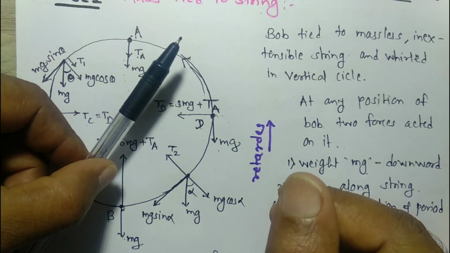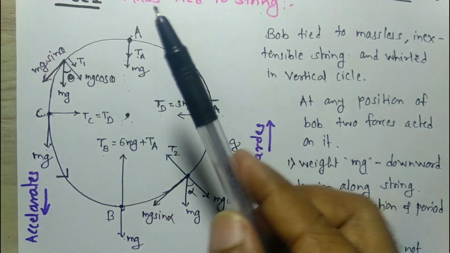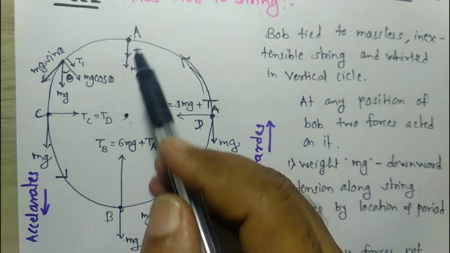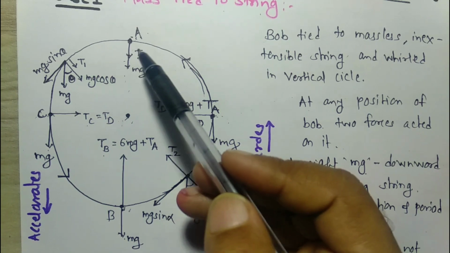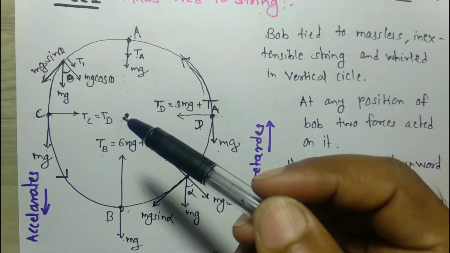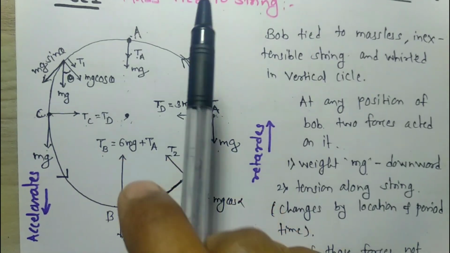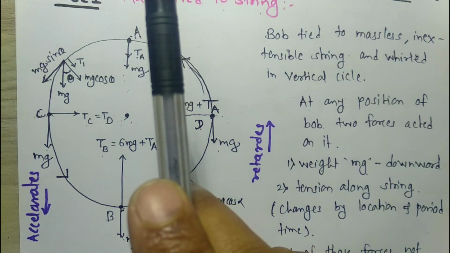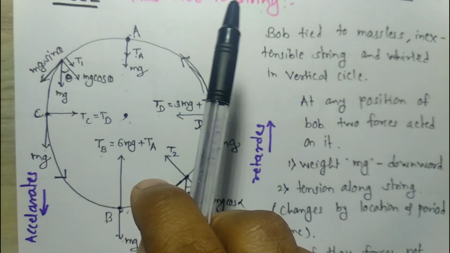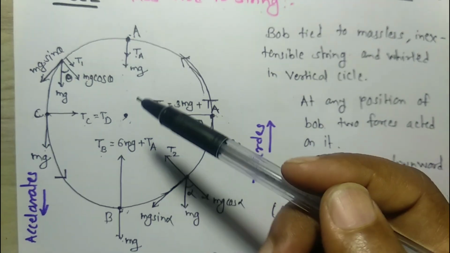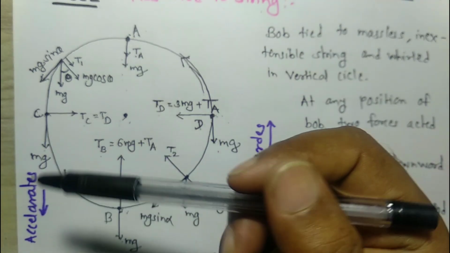At that time it is moving softly. Let us consider a 12 and a 6: it moves softly in the downward direction from 12, but after 6 it moves against gravity, and therefore there is a jerk.